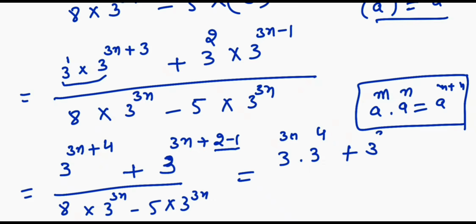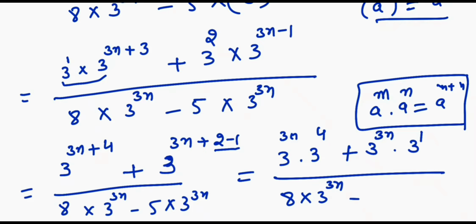So I can write this as 3 raised to power 3n into 3 raised to power 1 divided by 8 into 3 raised to power 3n minus 5 into 3 raised to power 3n.